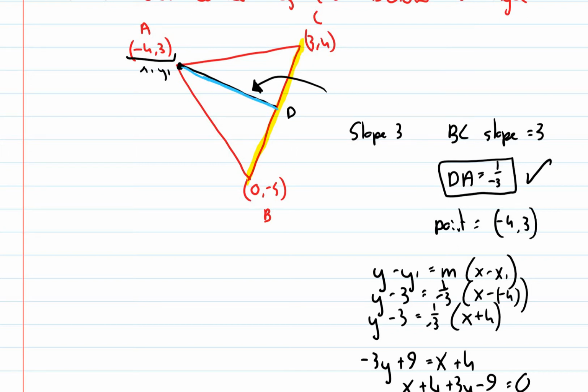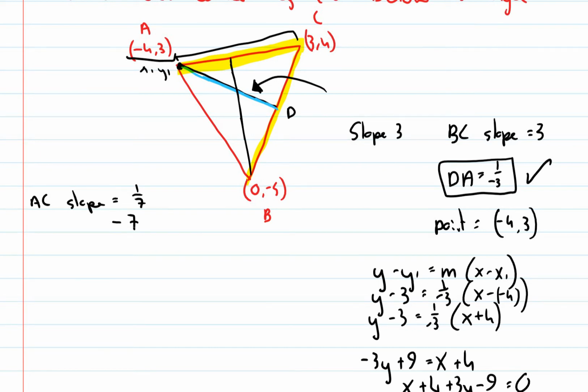Right, I'm going to do the same again now, but this time I'm going to do it for this line. I'll find the slope of that line, the slope of AC. Slope equals, and you can use your formula, but I found out already that it's 1/7. So therefore, if the slope of that line is 1/7, the slope of the line perpendicular to it is going to be minus 7.